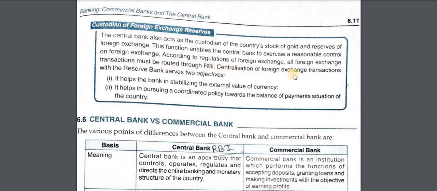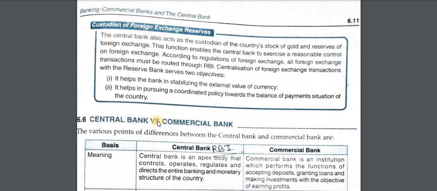Centralization of foreign exchange transactions with the Reserve Bank serves two objectives. 1. It helps the bank in stabilizing the external value of the currency. 2. It helps in pursuing a coordinated policy towards the balance of payments situation of the country.